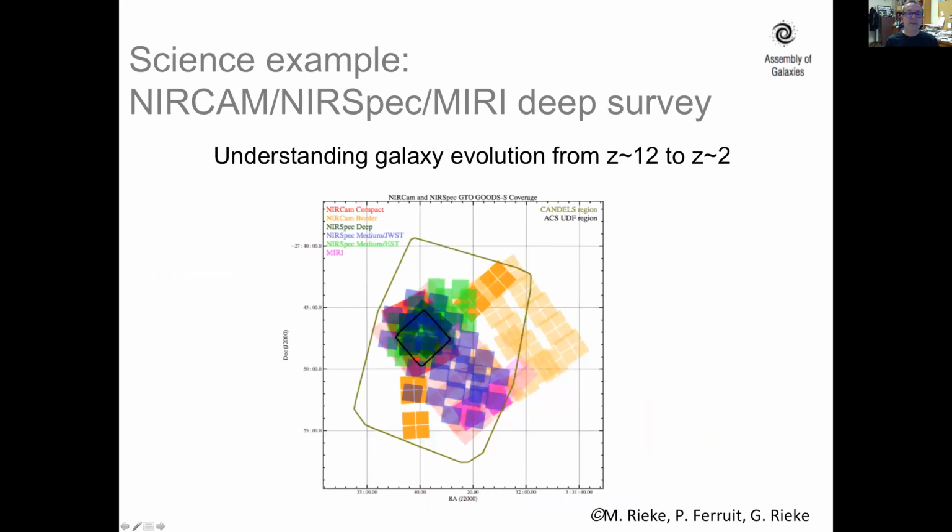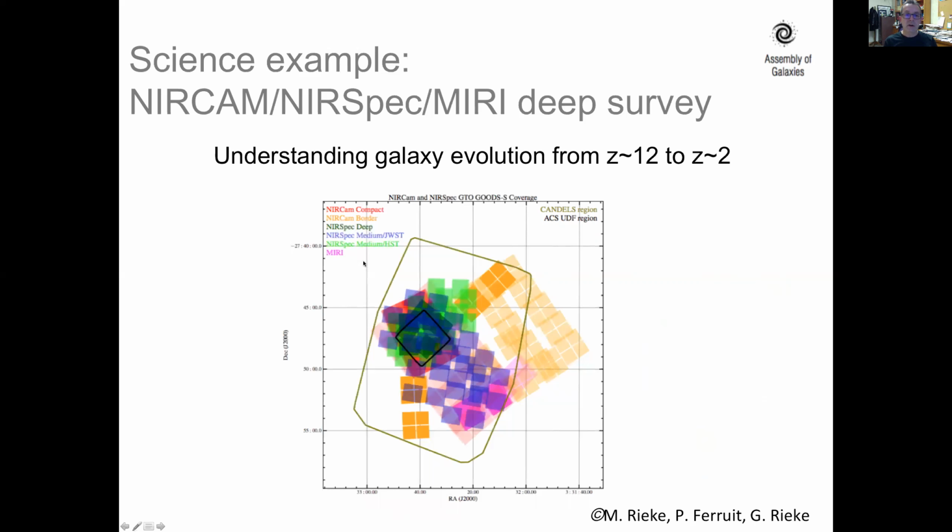Okay, here's a science example with the GTO program, which is combined between NIRCam, NIRSpec, and MIRI. I will talk about these instruments later. This is to do a deep survey to understand galaxy evolution and find the highest redshift galaxies in the universe. You can see all these footprints are basically the NIRCam footprint in orange.